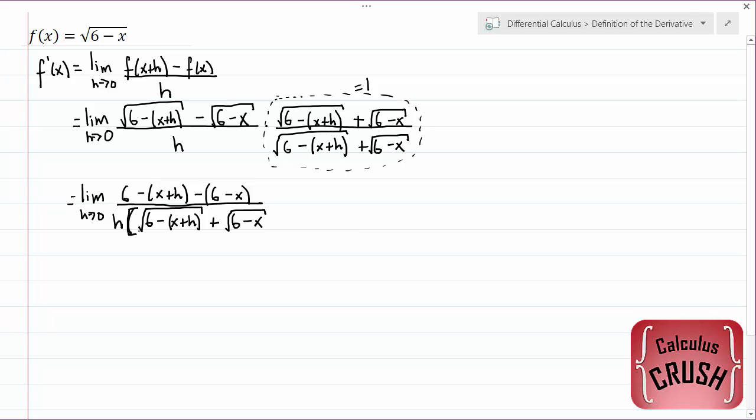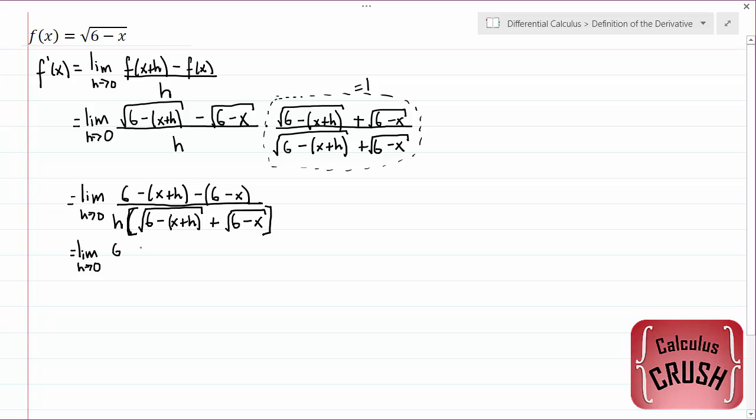I'll use big brackets here. Okay, so let's keep going. Now the next step, limit as h approaches 0. Let's expand the top here.